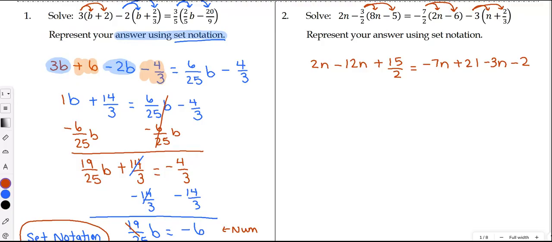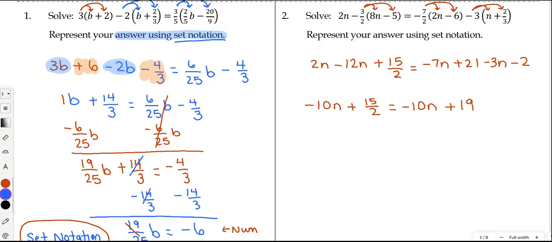So we got that 2n minus 12n is -10n plus 15 over 2 is equal to, let's combine over here, -7n combined with -3n is going to be a -10n. If I combine positive 21 and -2, I get a positive 19. Awesome.